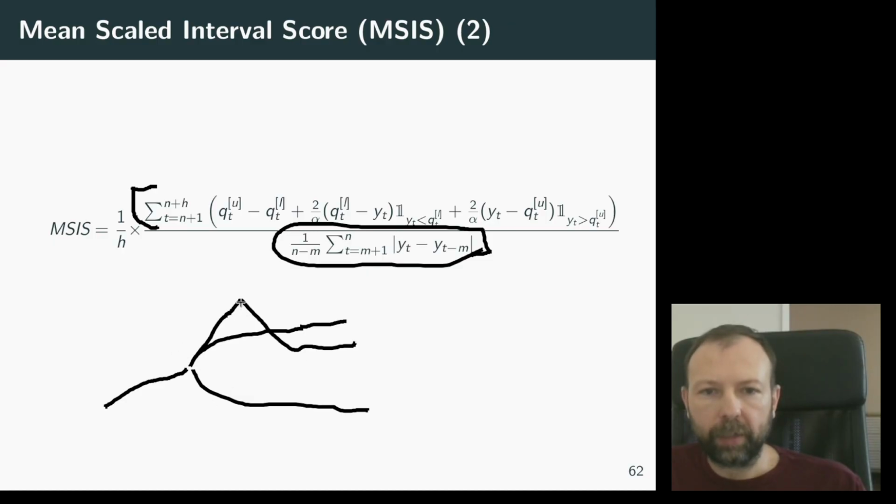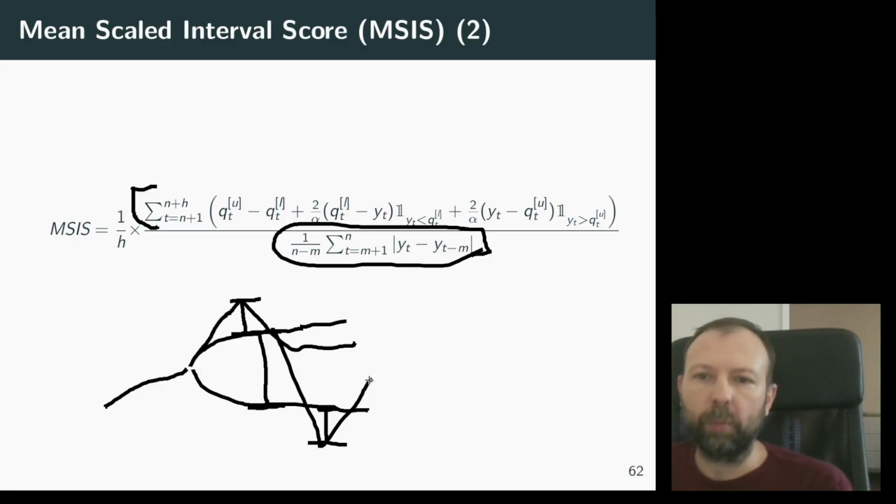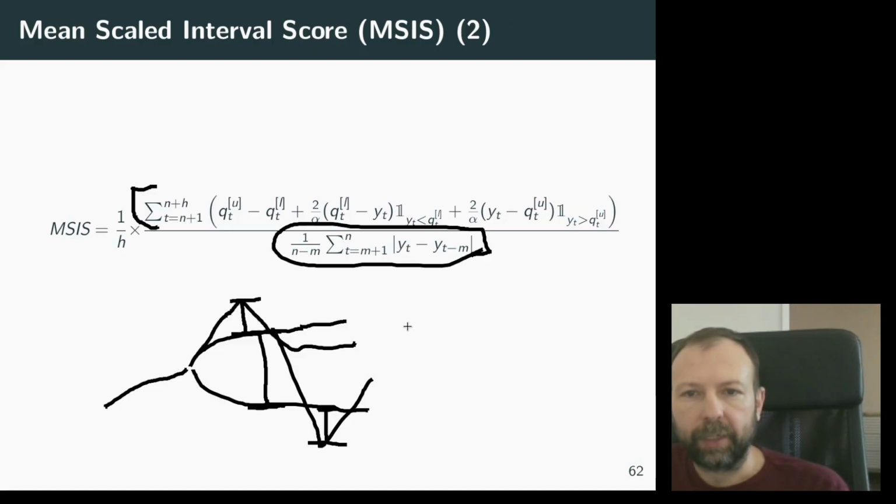And what you want to penalize is if you are outside. You penalize by how much you are outside, both if you overpredict and underpredict. And then what you also want to penalize is the width of the interval. The larger this interval, the more you want to penalize it, right?